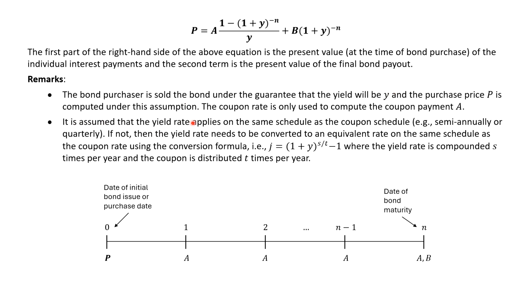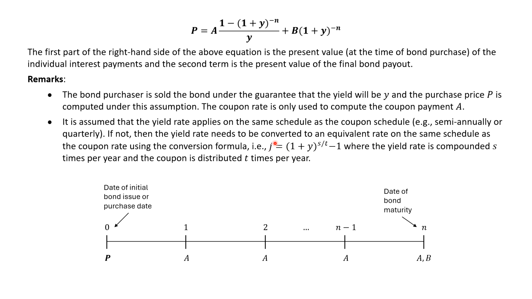It is assumed that the yield rate applies on the same schedule as the coupon schedule. If that's not the case, we need to do a conversion. We did that earlier, and I'll just mention it again here. If these don't align, then the yield rate needs to be converted to an equivalent rate on the same schedule as the coupon rate using the conversion formula given here.